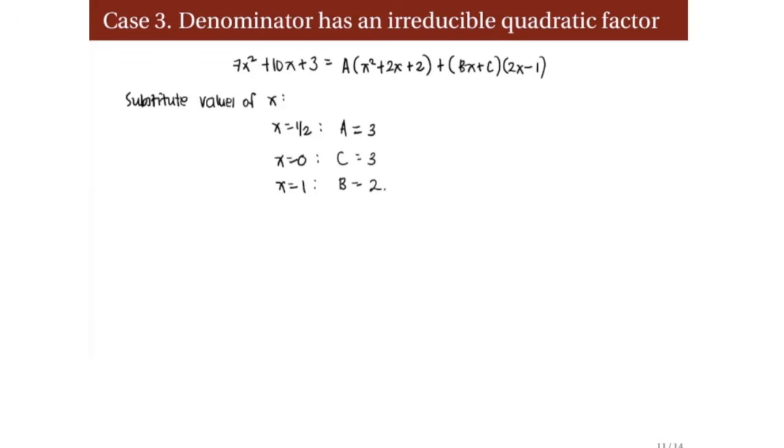So hence, yung integral ngayon ng 7x squared plus 10x plus 3 all over 2x minus 1 times x squared plus 2x plus 2 with respect to x is equal now to the integral of a over 2x minus 1, plus bx plus c.